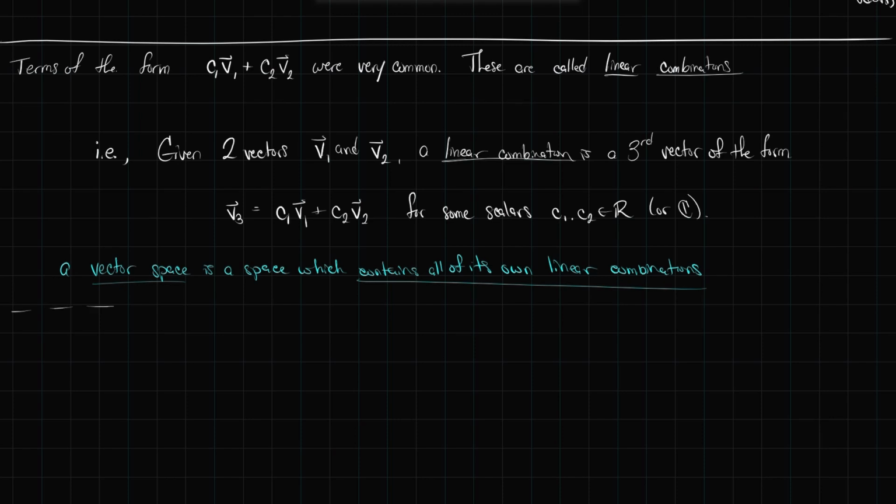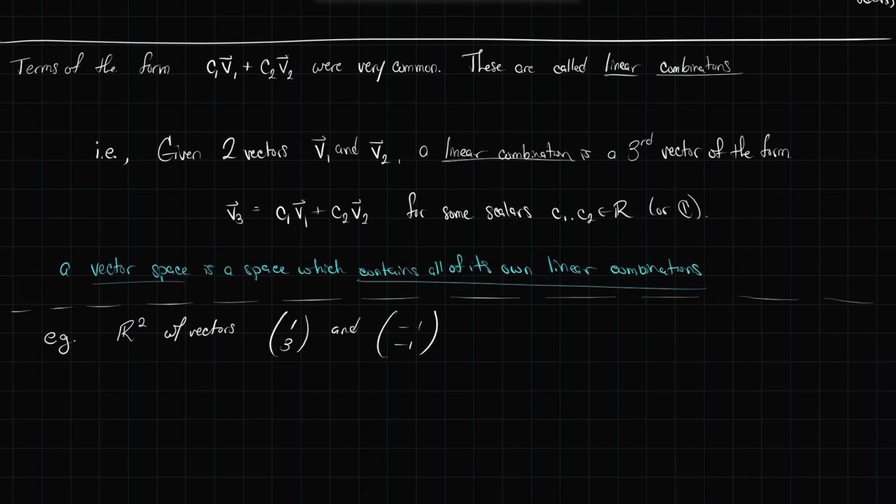Let's look at a nice example of this. So we can do an R2, which these are going to be vectors 1, 3, and -1, -1. We can linearly combine as, let's do 2 times 1, 3, plus 4 times -1, -1, gives me, how do these work?